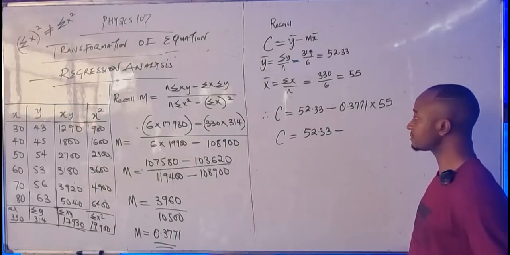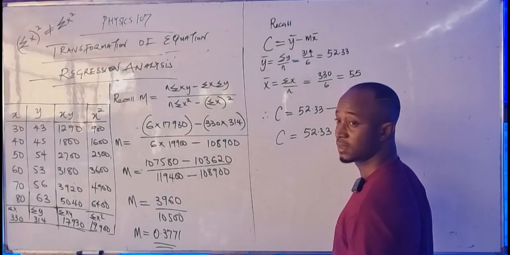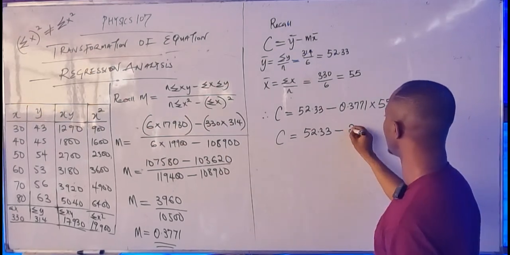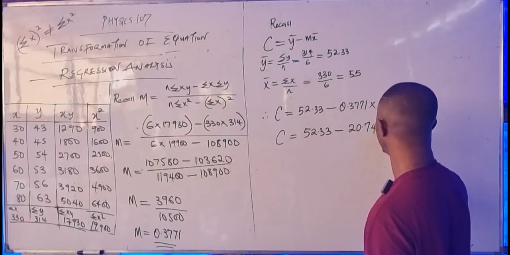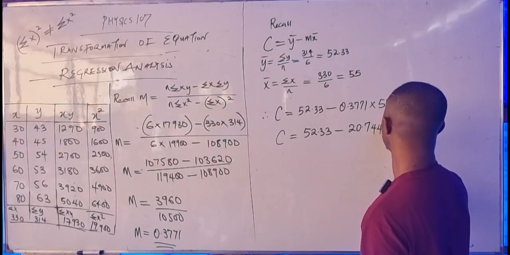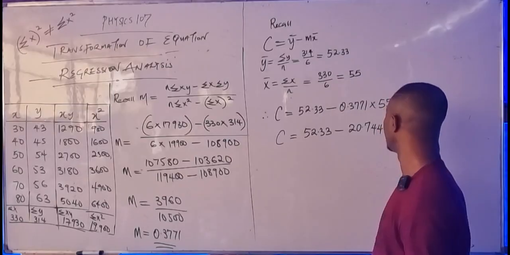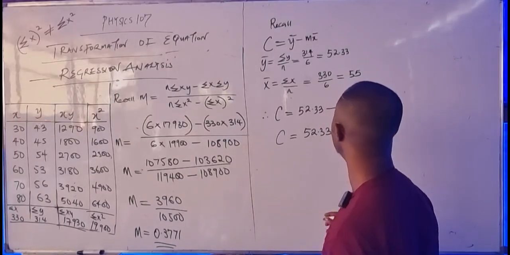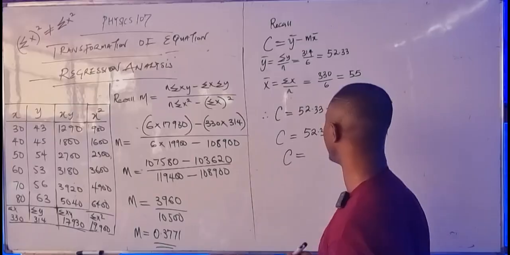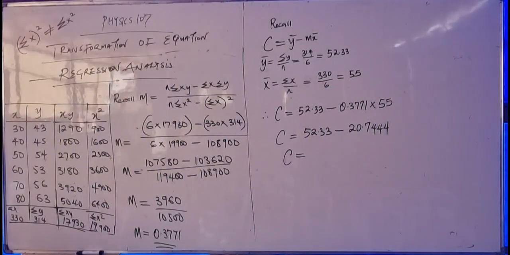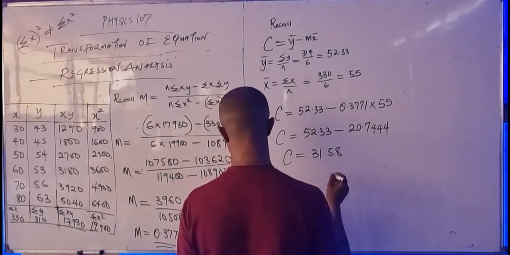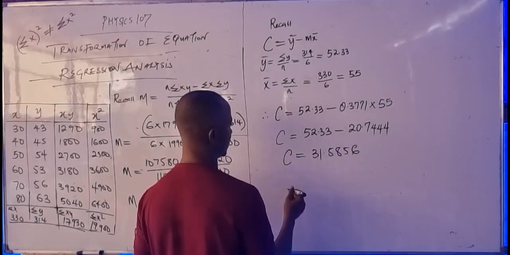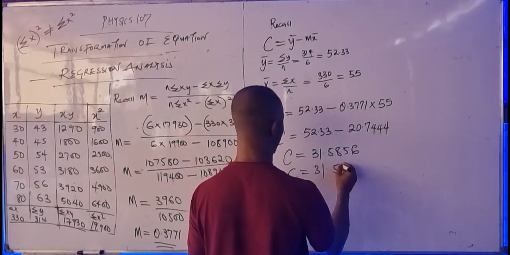What do you have? 20.74435. So subtract. What's the value of C? 31.5856. So you can say C is 31.59.